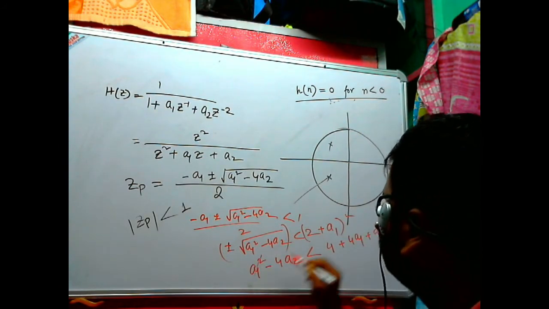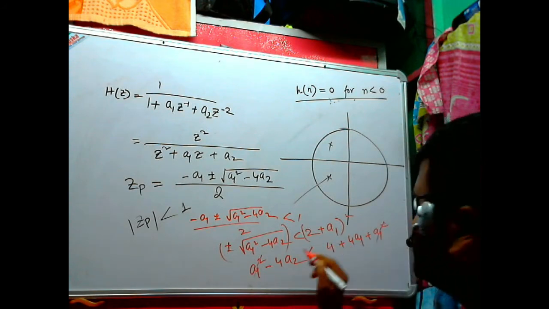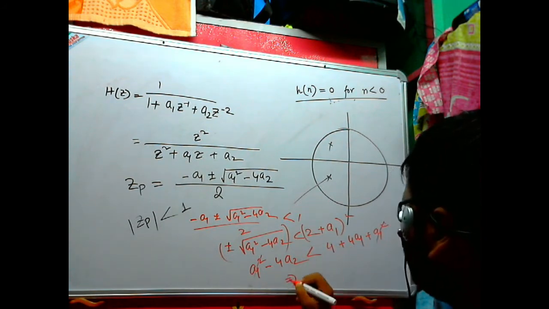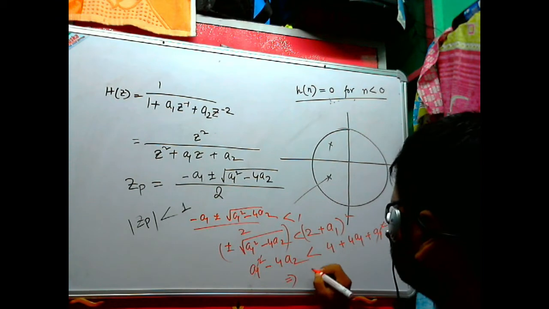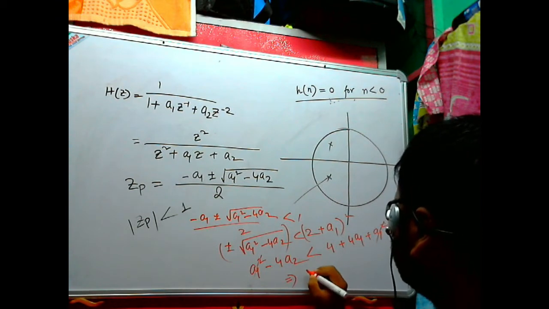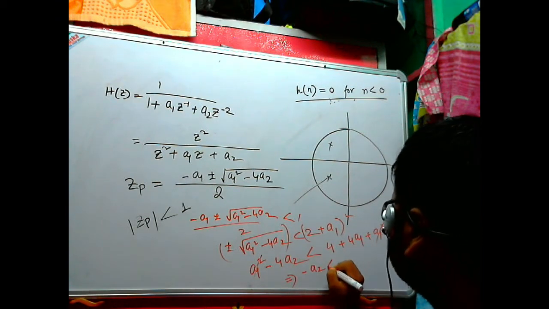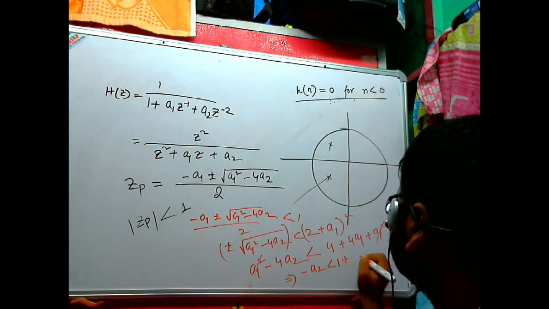You can cancel a1 square and the 4, so it becomes simply minus a2 is less than 1 plus a1.